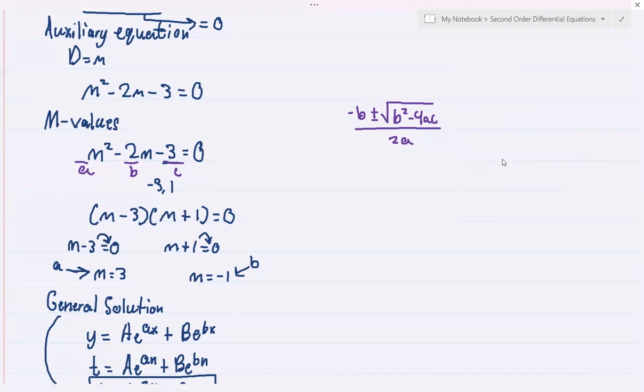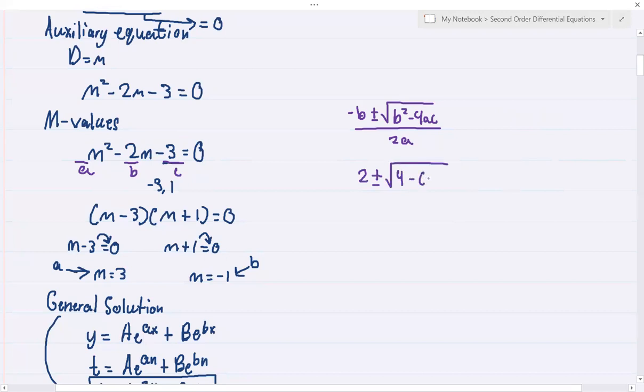So let's just say you use the quadratic formula here, to this quadratic equation. So you have your negative b. Since you have b as negative 2, you will have positive 2 plus or minus the square root of b squared, which is 4, minus your 4ac, which is negative 12. So this would be positive 12, all over 2, because 2 times a, which is 2 times 1, is equal to 2.